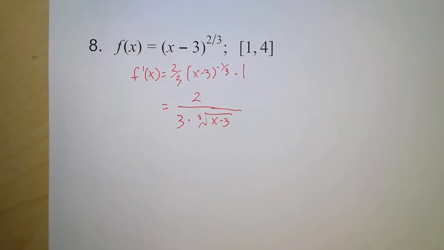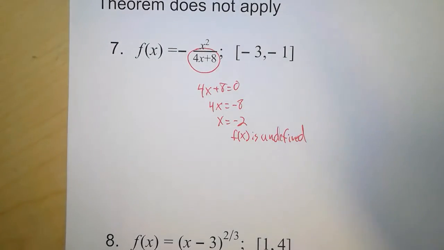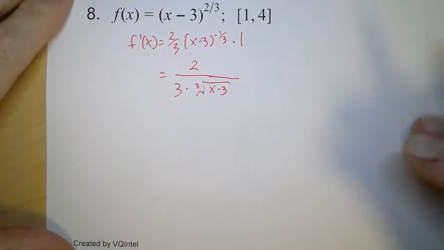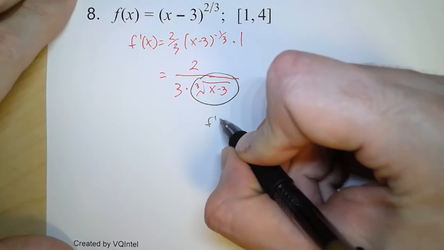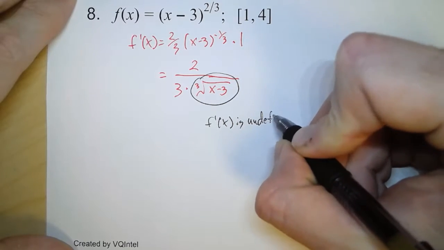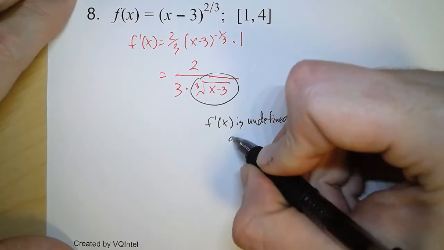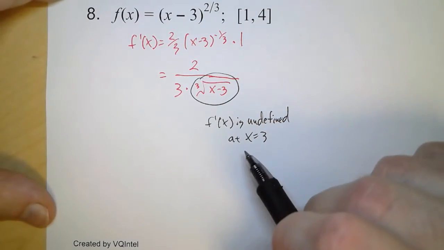Now this is the derivative again. Now in the previous problem, we had an issue where f of x was undefined. Well, here we have the same problem where f prime of x is undefined. And here it's undefined at x equals 3, which is within the interval we're looking at.